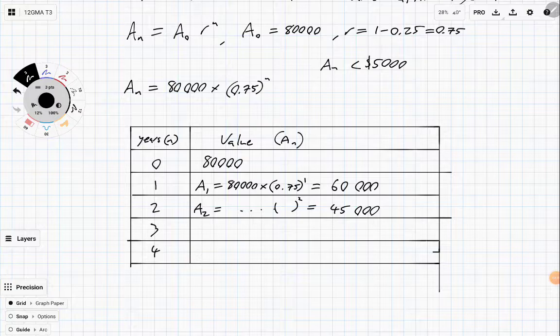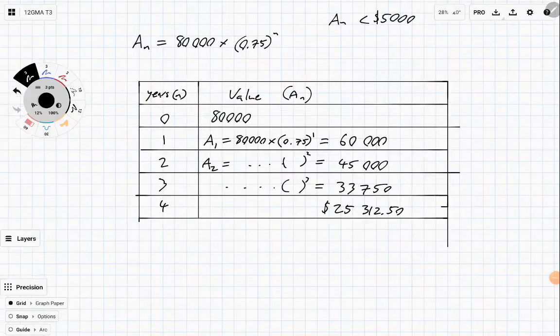Continuing on, let's try the third term. And 3, 33,750. Repeating again, 25,312.5. Okay, now at this point, you're probably wondering, this is really cumbersome to use this formula every single time.